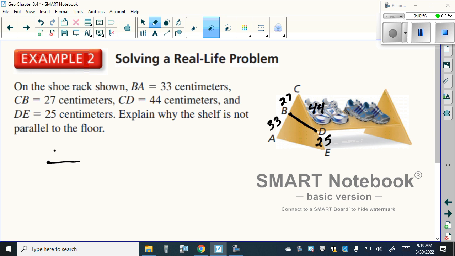Over? Okay. And what would the other fraction be? 25 over 44. Now at this point here, we would want to try to simplify these in a calculator to see what they are so we can compare the two.